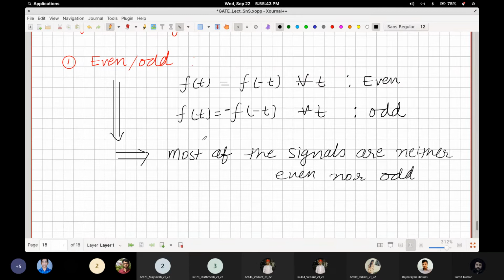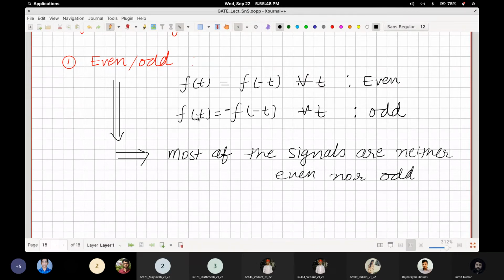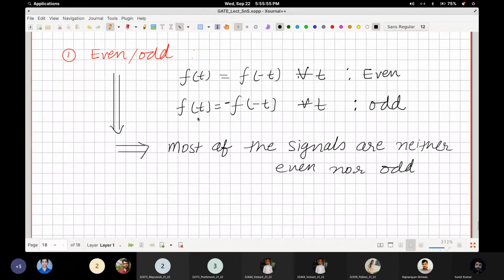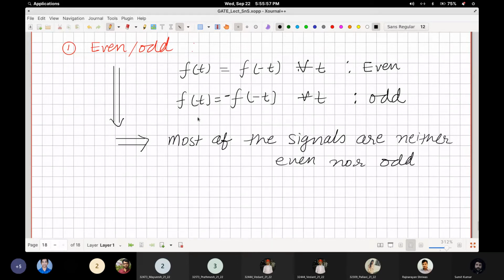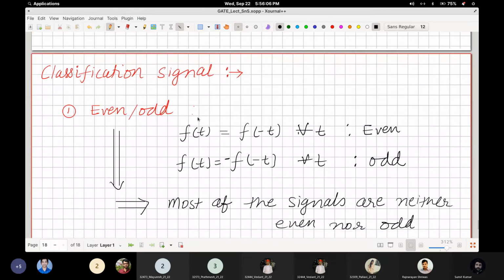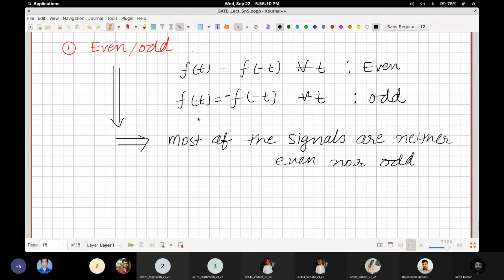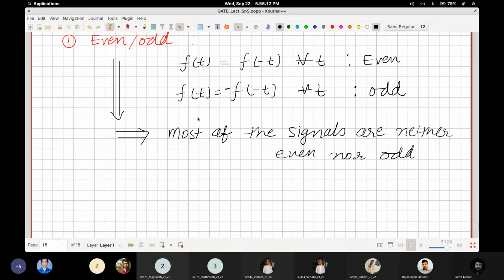Can we all agree on this? For example, e to the power t: is that odd? No. Is that even? No. So most of the signals that we will encounter are neither even nor odd, but you will see later that it's very much desirable to have this kind of symmetry. So we are classifying based on symmetry. We want some sort of symmetry there in the signal.